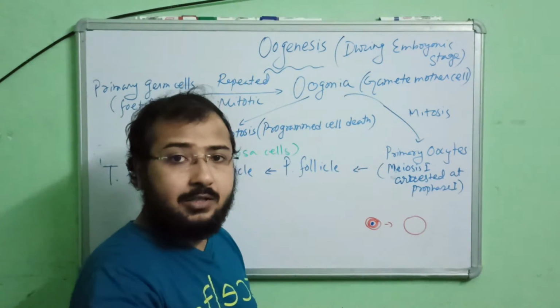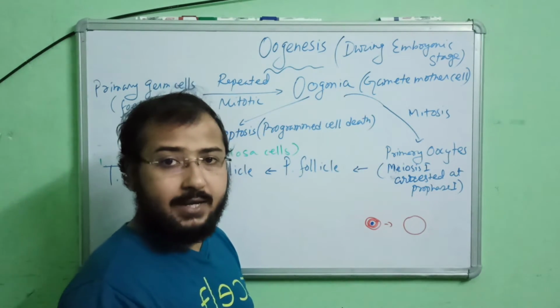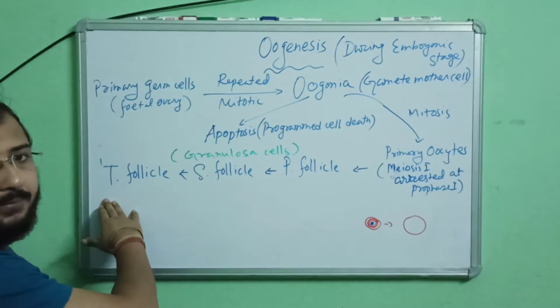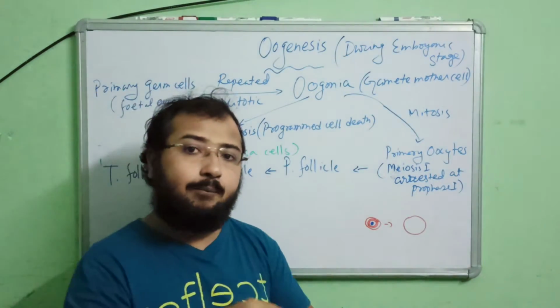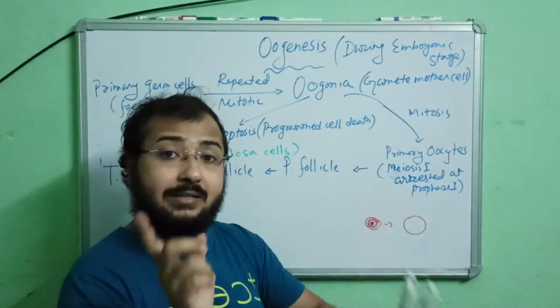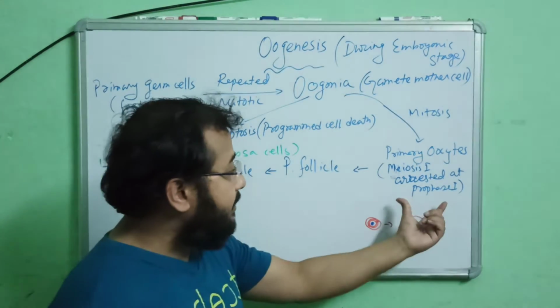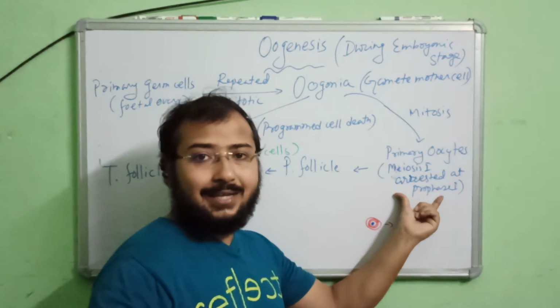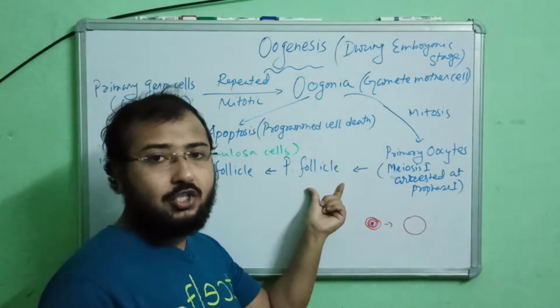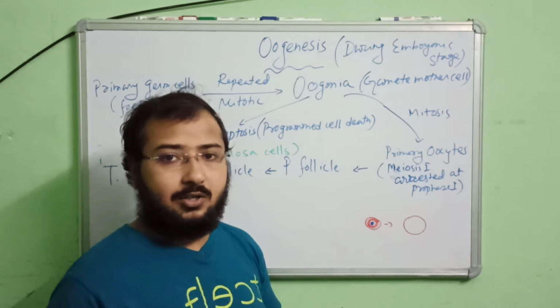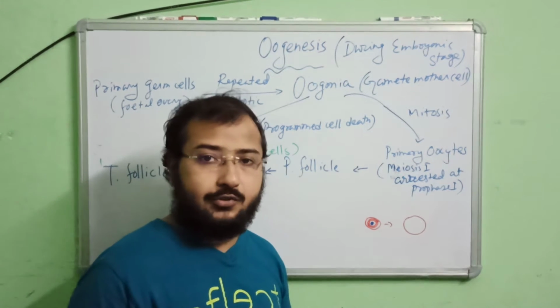divides into two new cells. Why? Because by the time the tertiary follicle is developed, meiosis 1 is completed. The primary oocyte completes its meiosis 1. If you remember, I told you that it arrested at prophase 1 for some time, and then when follicular formation starts, the next processes start. It is no more locked in prophase 1.